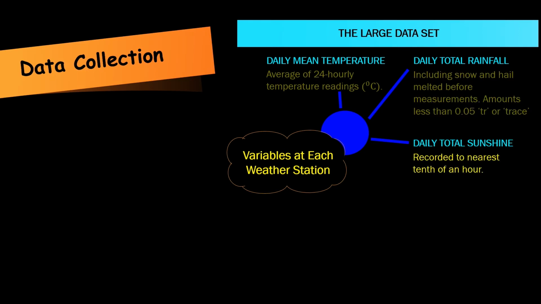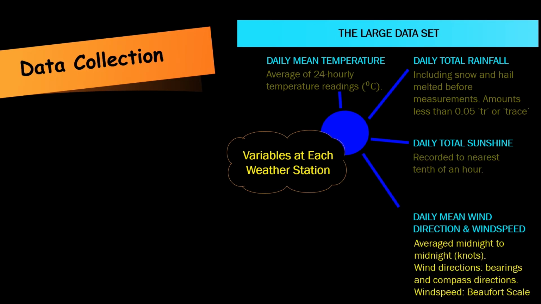The daily total sunshine, this is recorded to the nearest tenth of an hour. Daily mean wind direction and speed, this is averaged midnight to midnight in knots. Wind directions given are bearings and compass directions, and wind speed is given on the Beaufort scale.